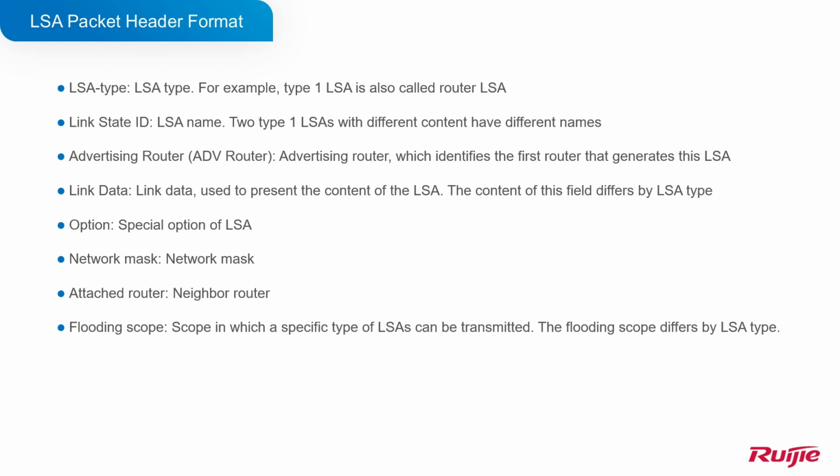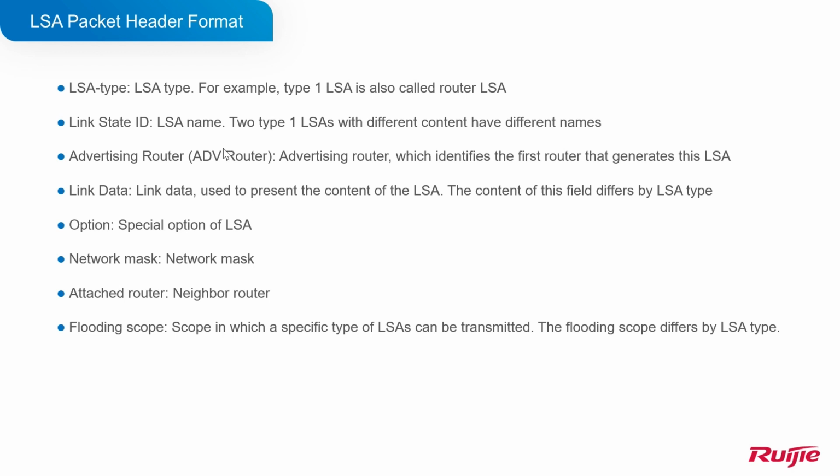The first is the LSA type, right? And we know the LSA types include type 1, type 2, type 3, type 4, type 5, and type 7. Okay, and for every type, we can also call them router LSA, network LSA, summary LSA, or external LSA information. Okay, so this is the LSA type.